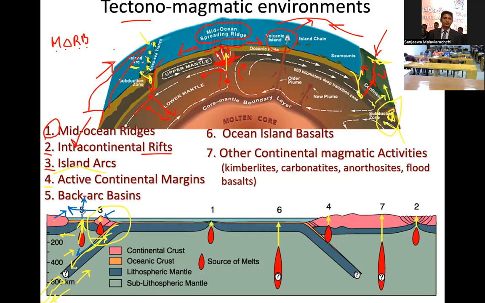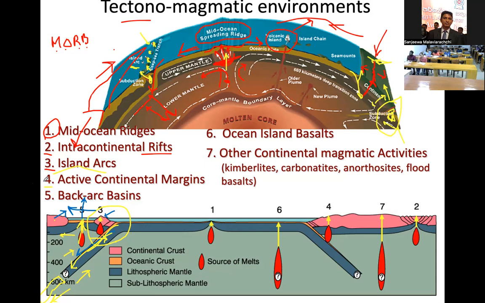The magma which originates there, we call back-arc magma. Okay, so that is the fifth setting. The magma is produced, and that composition is also different because the environment here is very different from the previous four types of environments that we have discussed.